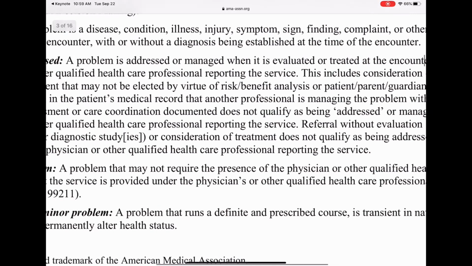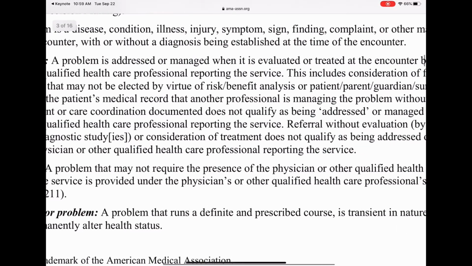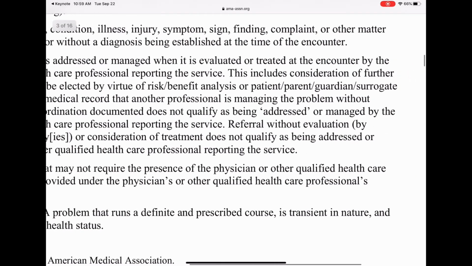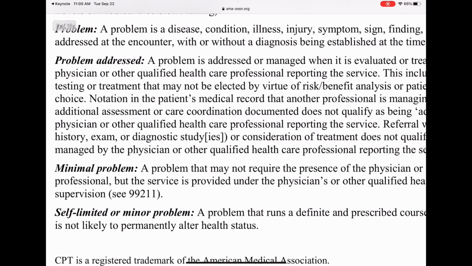This includes consideration of further testing or treatment that may not be elected by virtue of risk-benefit analysis or the patient, parent, guardian, or surrogate choice. So what they're saying is, say a patient presents with a problem, and you may decide that a certain test or treatment is a good idea, or you may think about a certain test or treatment for this condition, and you may decide not to elect it by virtue of risk-benefit analysis.